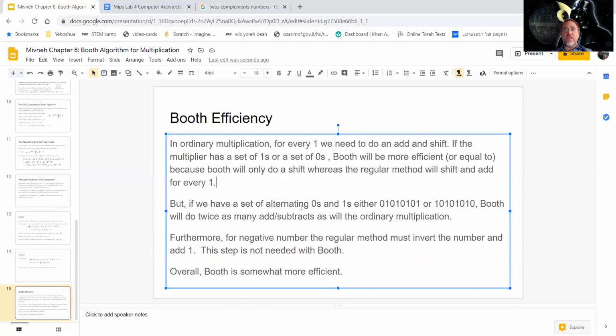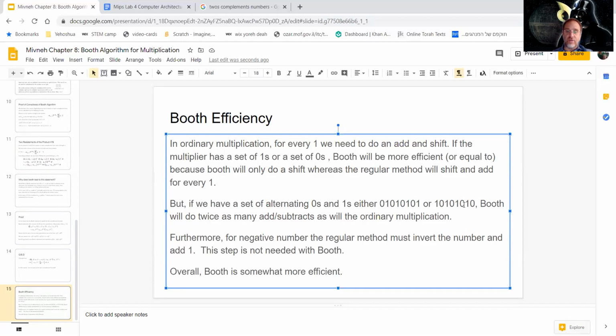But what about if we have a set of alternating 1s and 0s, like 0, 1, 0, 1, 0, 1, 0, 1, or 1, 0, 1, 0, 1, 0? So then on both of those cases, Booth will always do an add or a subtract. So Booth will do twice as many add subtracts as the ordinary multiplication, because the ordinary multiplication will look at the 0 and just do a shift. But when it sees a 1, it will add.